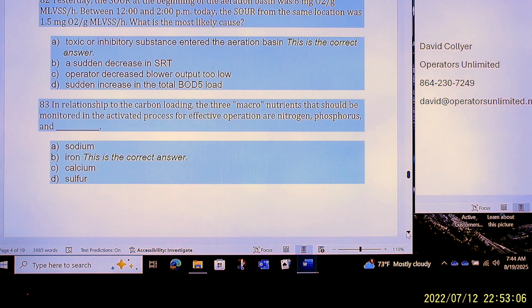A, toxic or inhibitory substance entering the aeration basin. B, a sudden increase in SRT. C, operator decreased blower output too low. D, sudden increase in the total BOD5 load. The answer to 82 is A, toxic or inhibitory substance entered the aeration basin.